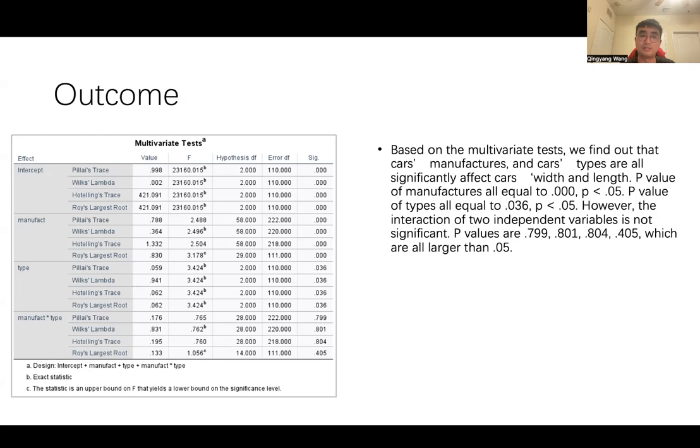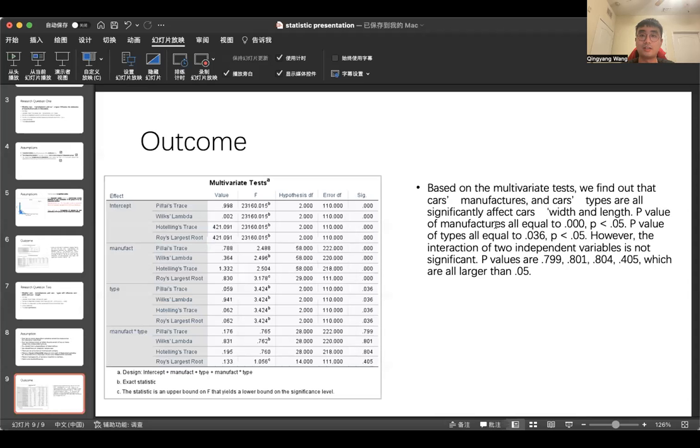So manufacturers and types are individually significant for the dependent variables, but the interaction is definitely not significant. Okay, that's all of my presentation. Thank you.